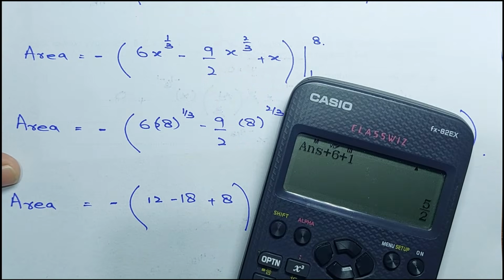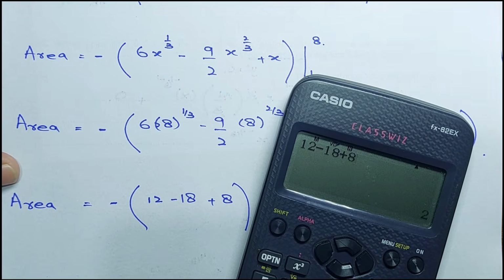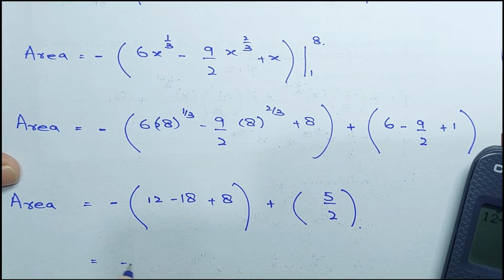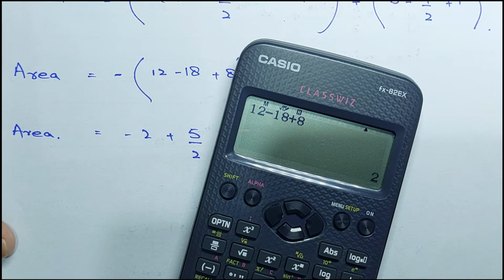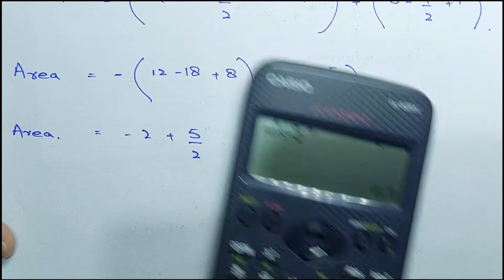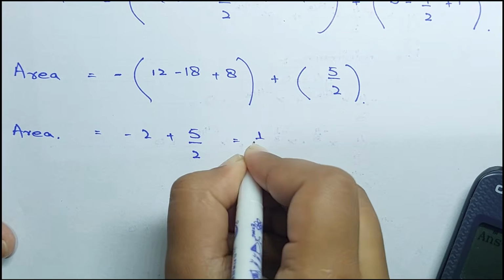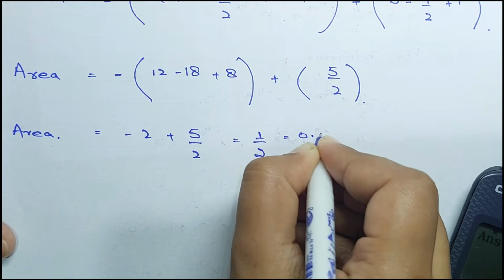Now let me simplify. 12 minus 18 plus 8 is 2, so minus 2, and plus 5 by 2. That would be the area. Okay, 5 by 2 minus 2 is 0.5. So 1 by 2 is the area, or 0.5.